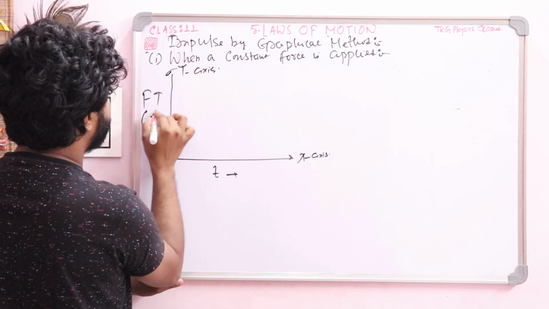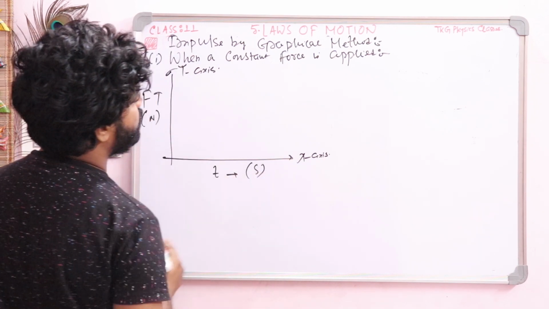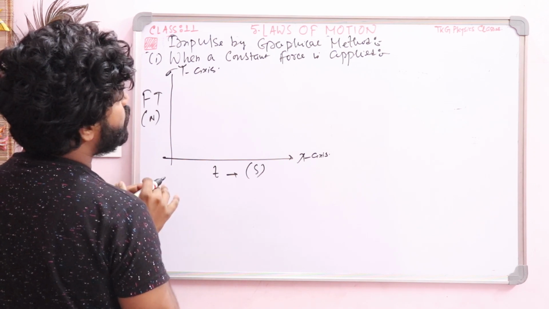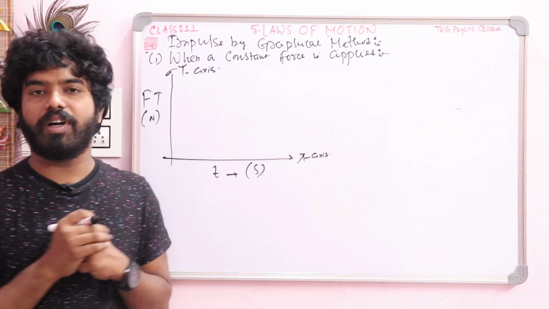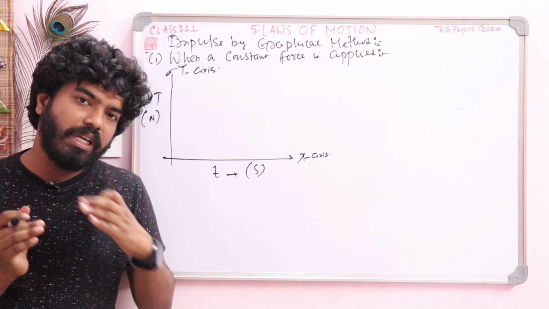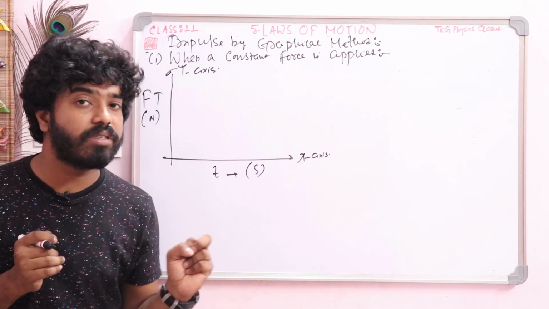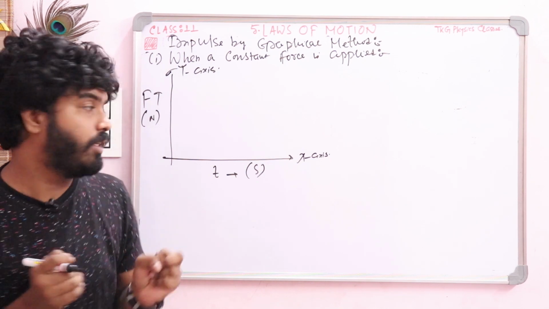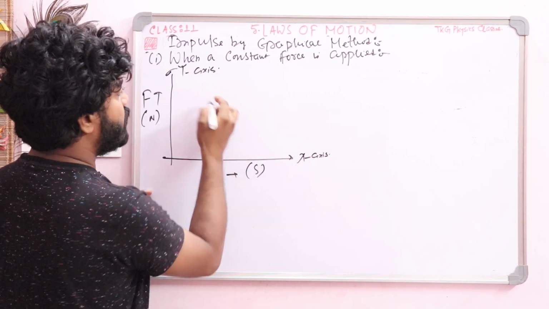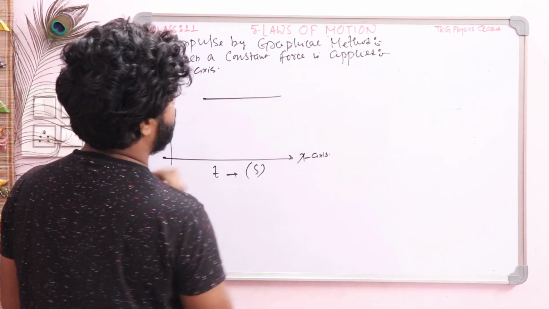Force in SI system is newton, time in SI system unit is second. Now a constant force is applied for our first condition. That means time increases with the passage of time, but the magnitude of force remains constant. So what will be the graph? Time increases but the force value remains constant. So this is the graph.